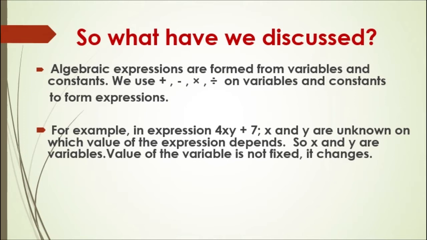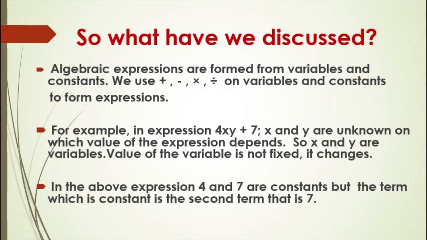So what are these x and y called? They are called variables. The value of a variable is not fixed, it changes. In the above expression, you can also see that 4 and 7 are fixed numbers and they are called constants. But if we talk about the term in this expression which is a constant, it is the second term, that is 7.